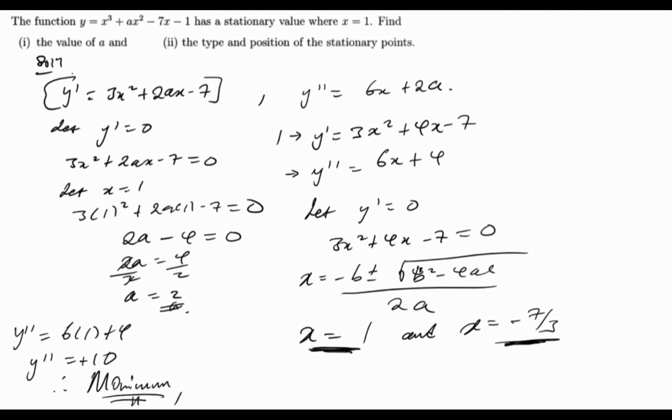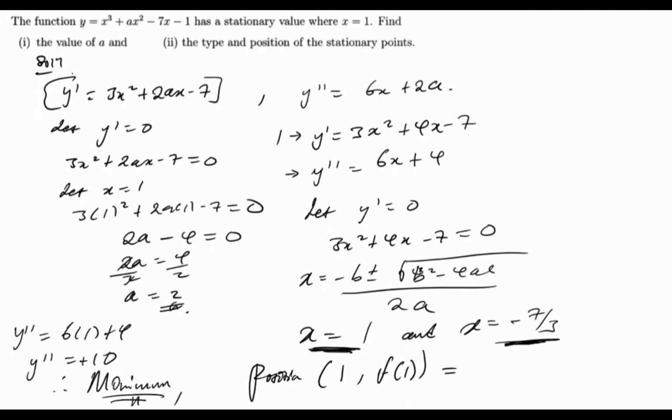Now, where exactly is this position? So the position is simply just the coordinates of the stationary point. So the position, I would say, will be at x is equal to 1, and where the function f is defined at 1, that will be your y.